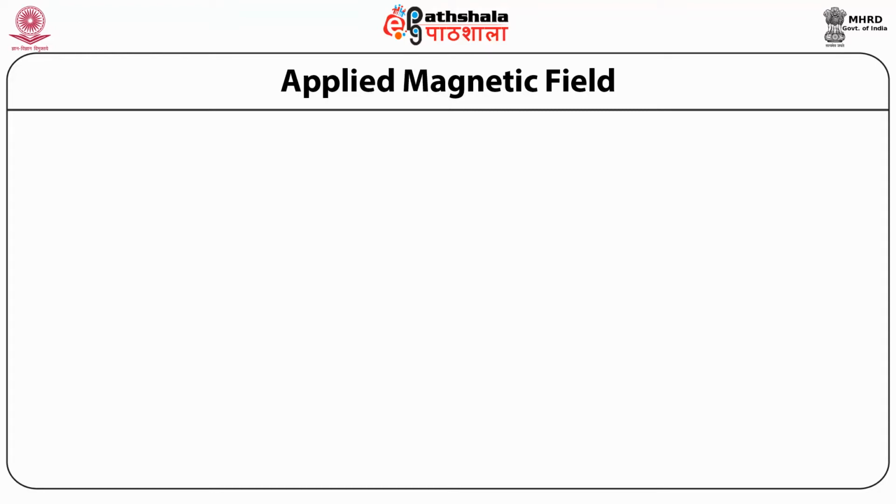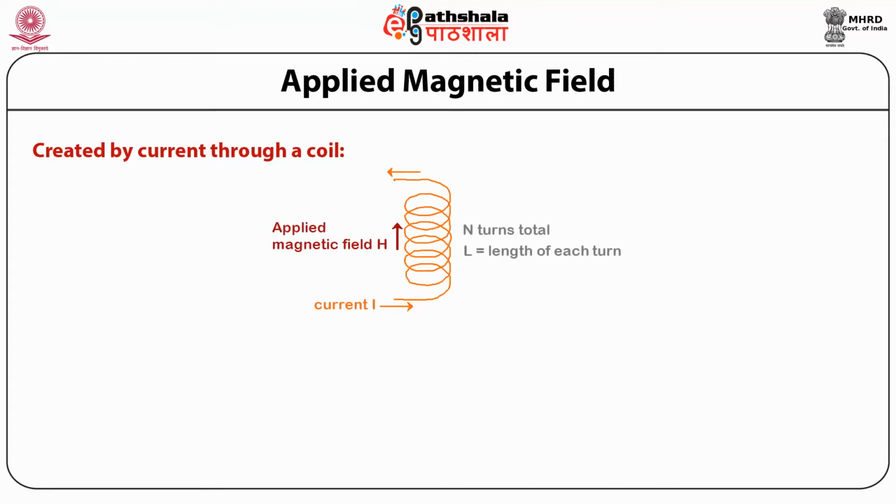According to Ampere's law, when a current flows through a coil, it gives rise to a magnetic field in a direction perpendicular to the plane of the loop. The field is related to the current by H equals N i, where N is the number of loops per unit length of the coil, i is the current in amperes, and H is the induced magnetic field in amperes per meter, that is A/m.